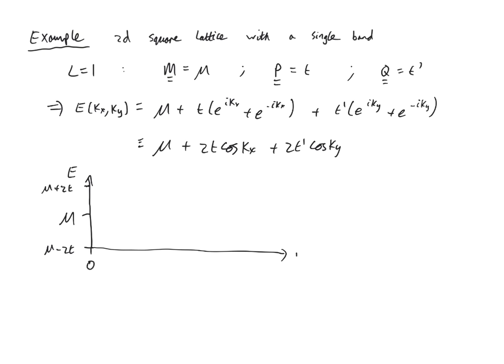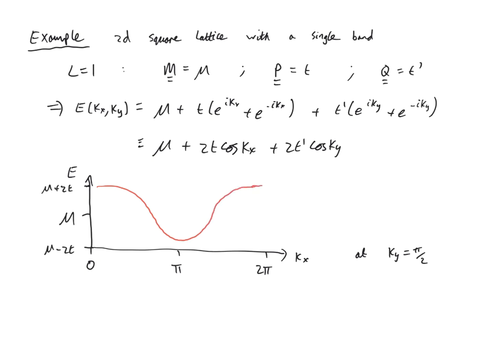Let's plot kx at ky is π/2, just as an interesting thing to look at. It's 2π periodic, so I'm going to get a graph that looks something like this. And the dispersion is going to be something that has this cosine form and looks something like this.